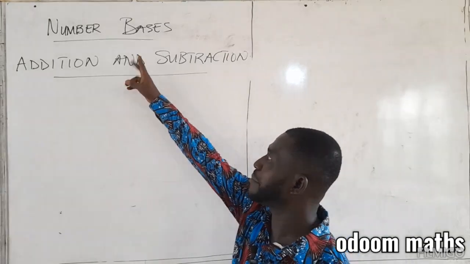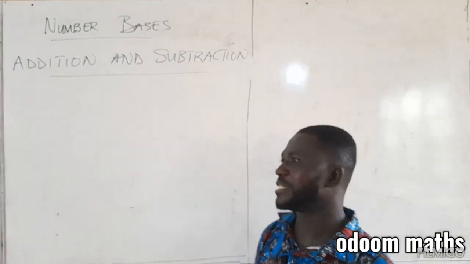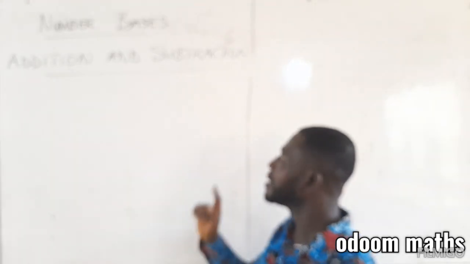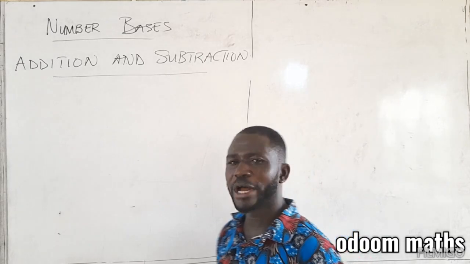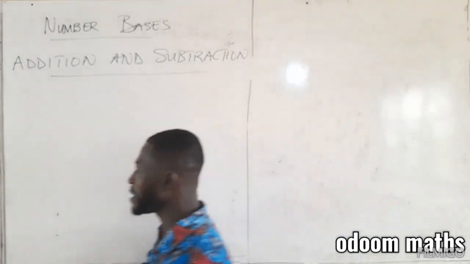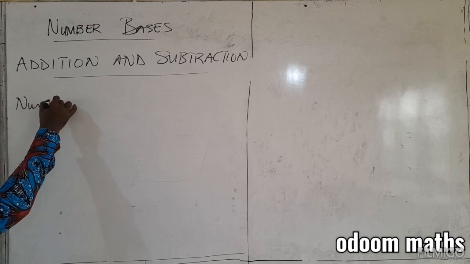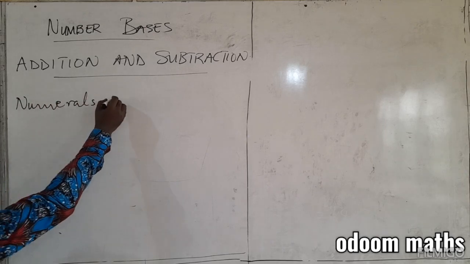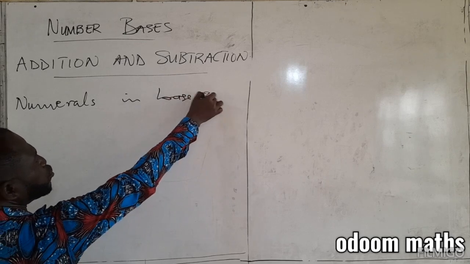Today I want us to look at number bases, but this time we are going to add and subtract number bases. Before we add and subtract, let's look at the numerals in the number bases. For example, numerals in base 2.